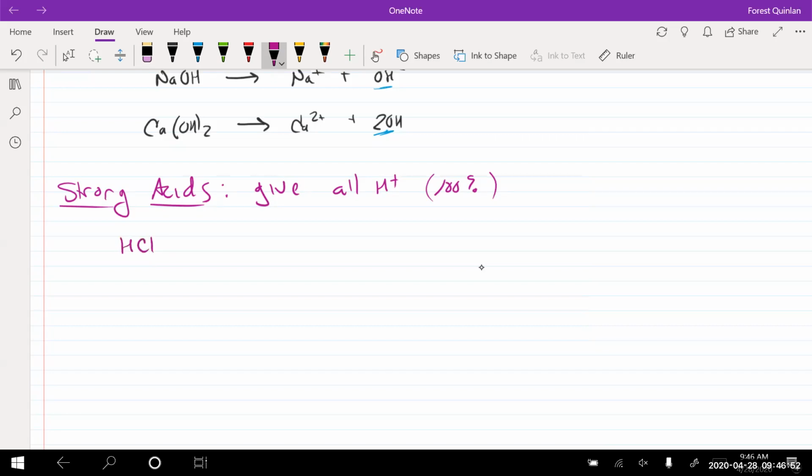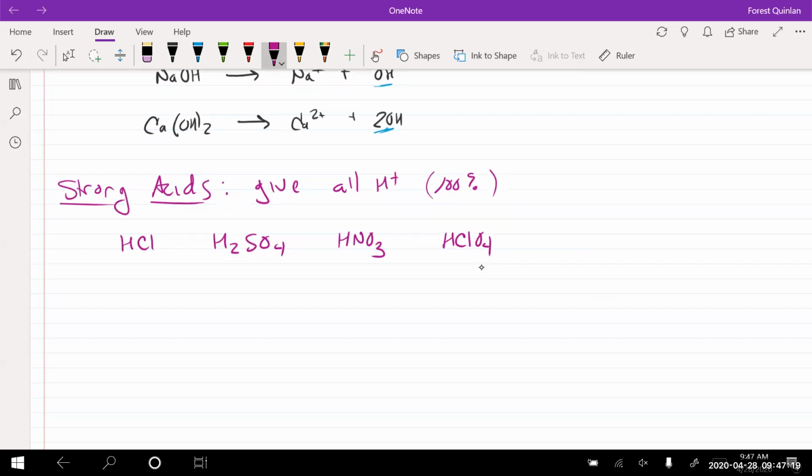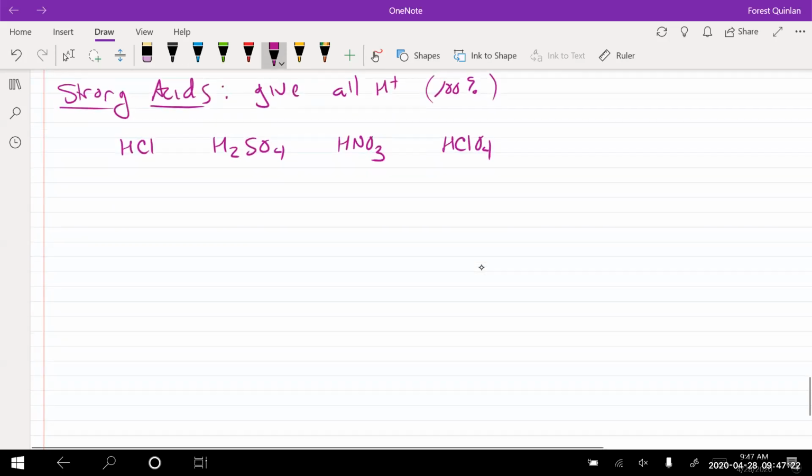And they're going to be HCl, H2SO4, HNO3, and HClO4. You'll notice, if you think about your solubility rules, sulfates are soluble, all nitrates are soluble, perchlorates are soluble, and of course the chloride. And they're also paired with an H that wants to be soluble. So it's no surprise that those all will go swimming.